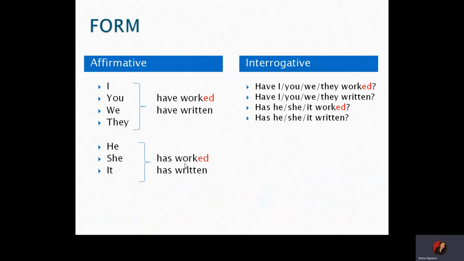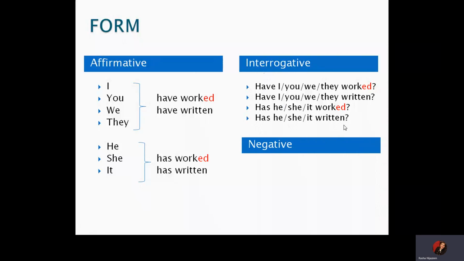So the form of the question or interrogative is we start with have, we put the pronouns, and the verb will be in past participle or verb 3. The same with has. Has he worked, or she, or it? So in question or interrogative, we start with have or has. Very simple.